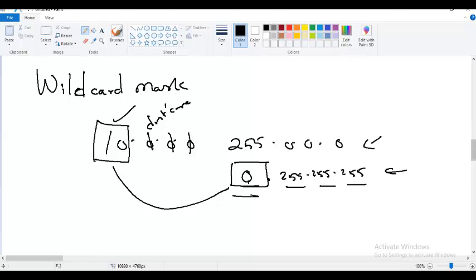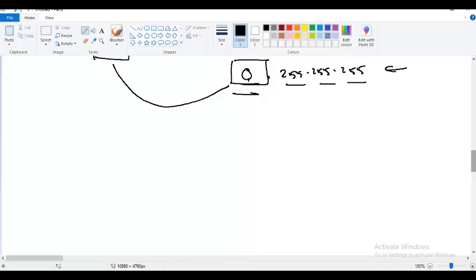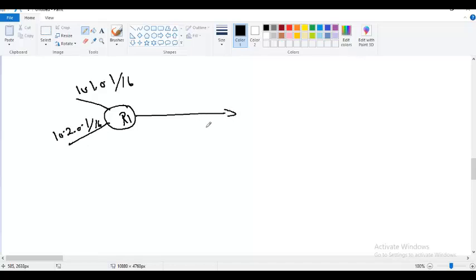In EIGRP, we say router EIGRP, autonomous system number. And if you don't want to advertise this, what you should do is say network 10.1.0.0 0.0.255.255.